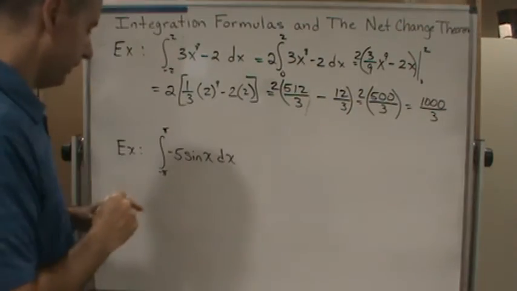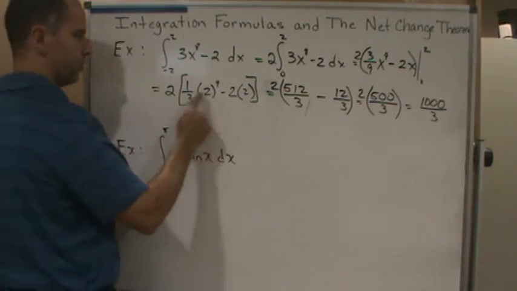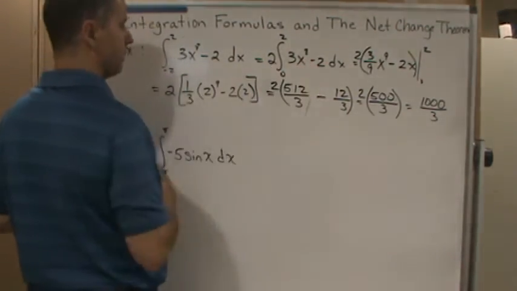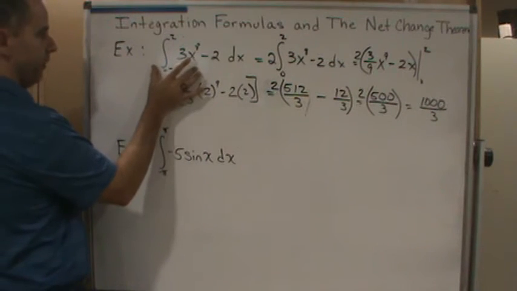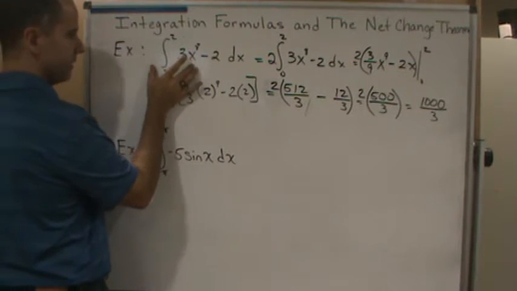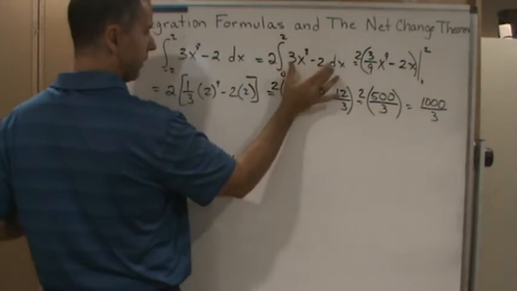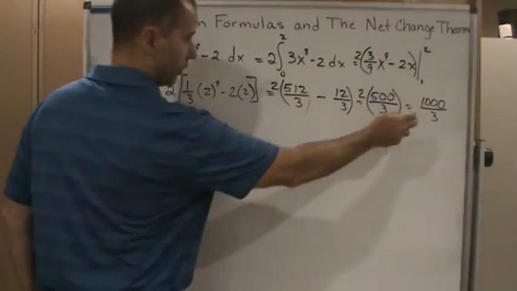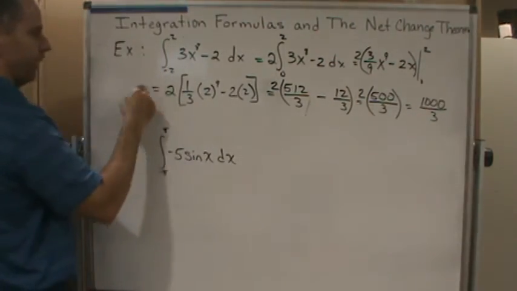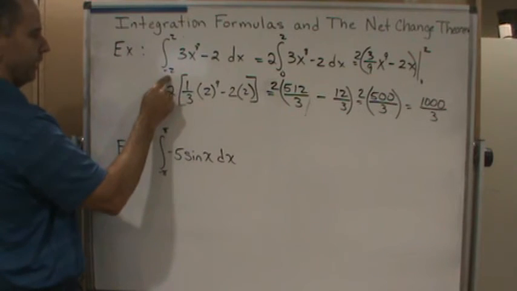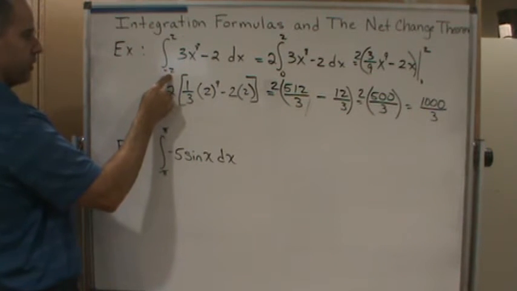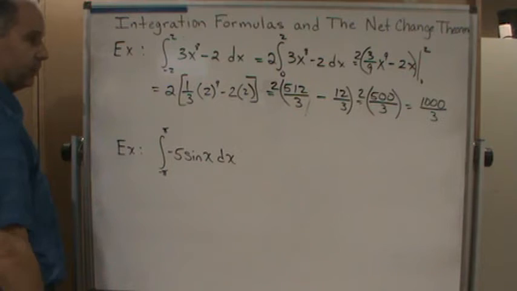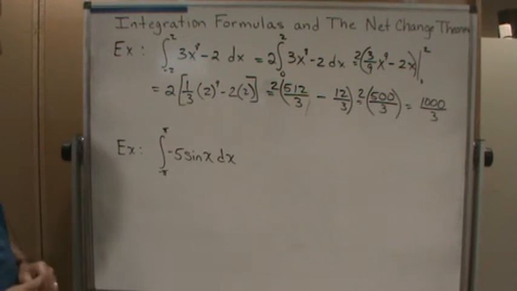And so, that's how you do it. Now don't forget the 2, don't forget to multiply this by 2. So again, if it's an even function, this is equal to twice this. And then you'll get the same answer. So if you want to verify, go ahead and do it. Run the integration, evaluate the integration from -2 to 2, and you should get 1,000 over 3.